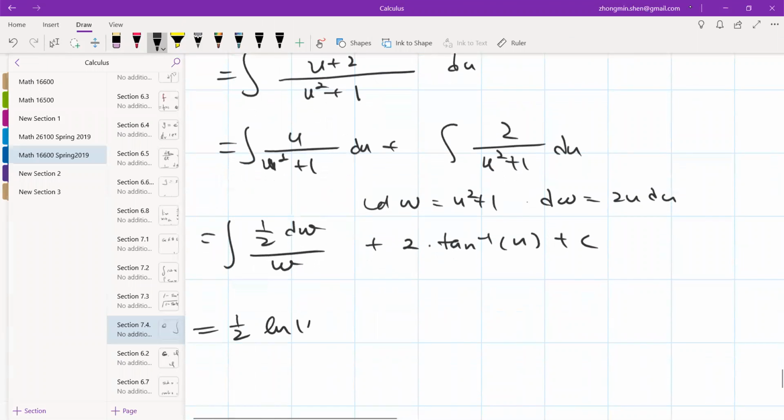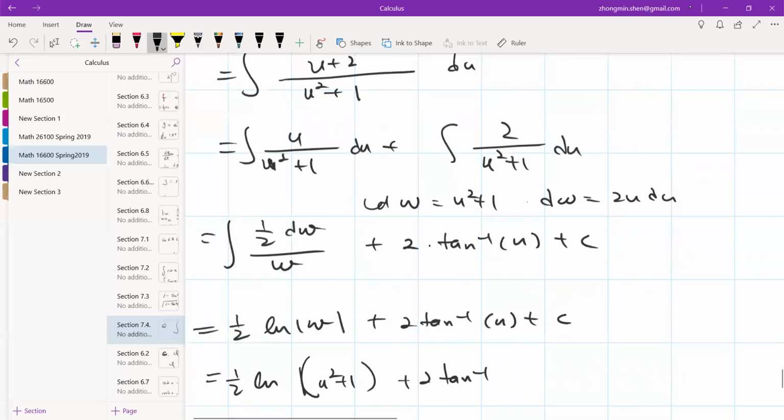So I get absolute value of w, and 2 arctangent u. Okay. And w is going to be u squared plus 1, so you don't need the absolute value symbol.